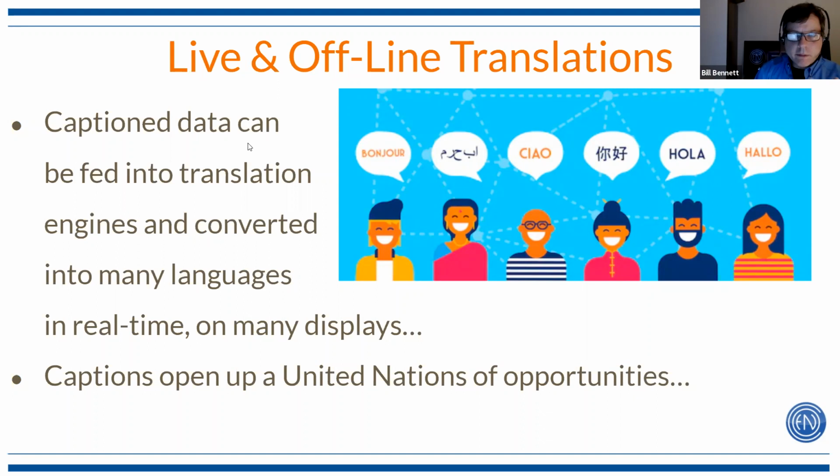We, as regular folks that don't have people to translate near us, don't have that benefit. But when you start digitizing this voice and getting it into data, then it's easier to run it through a translation engine, an automated way to do that. And those are getting a whole lot better.